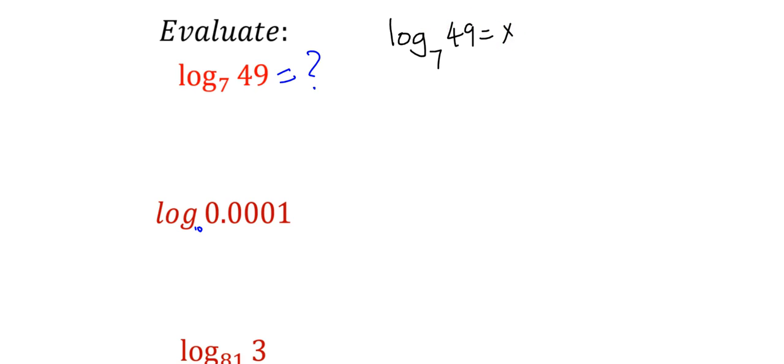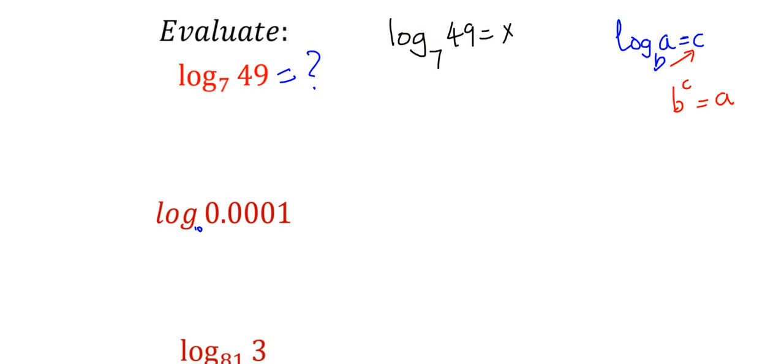Now by using the definition of logarithms, we know that if log base b of a is equal to c, this logarithmic form can be transformed into exponential form as b to the power of c is equal to a, right? B to the power of c is equal to a.